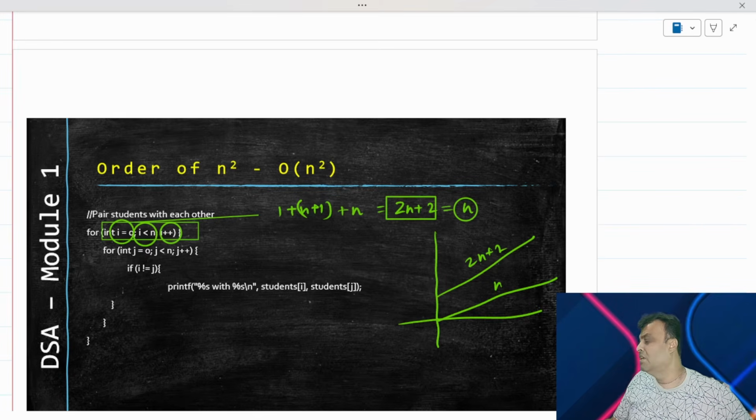If I change the machine, both might execute with the same order of n. So I will say that 2n plus 2 is nothing but n. Because from an asymptotic standpoint, all that matters is that it executes in what order? This executes in order of n. 3n plus 2000 is also an order of n.